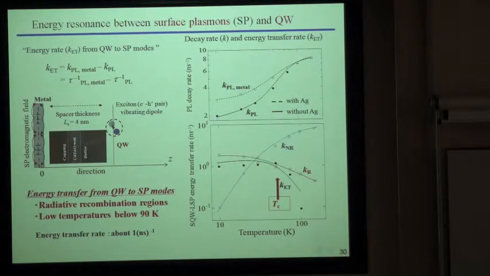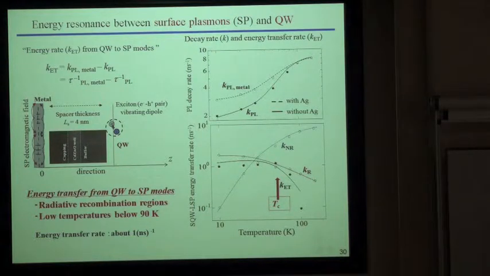Indeed, we cannot say more than that, but anyhow, we estimated the energy transfer rate, K energy transfer, which is related to such lifetime characteristics. Here is the K non-radiative, and here is the K radiative. Our experimental results for the K energy transfer show almost similar characteristics up to a temperature of 90 kelvin.